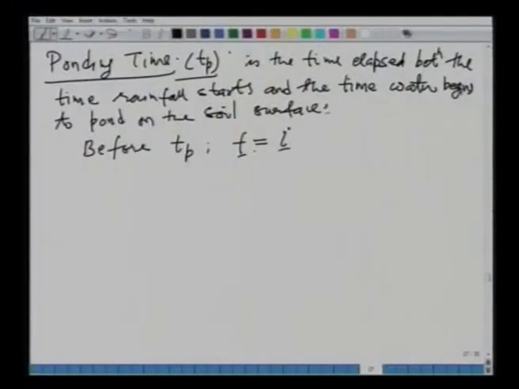Therefore, this I is equal to F. And after Tp, or after the ponding has occurred, your F is equal to what? The maximum possible or the potential infiltration rate.